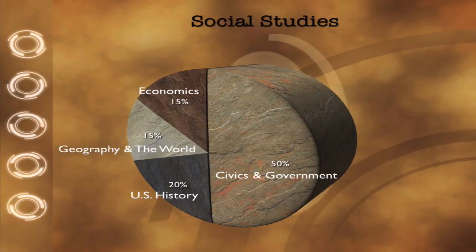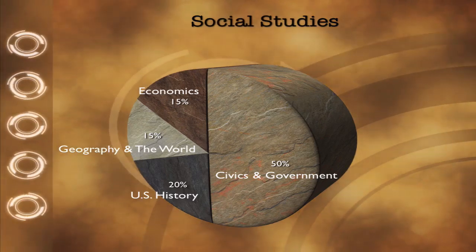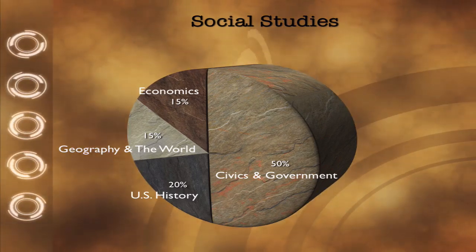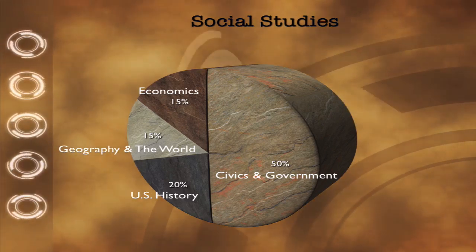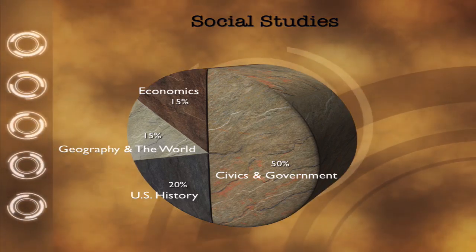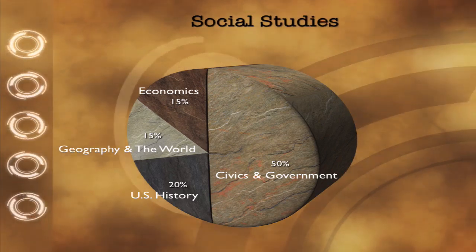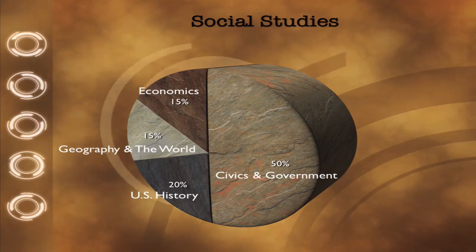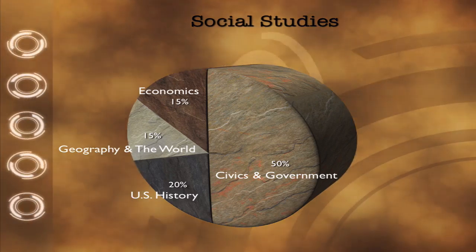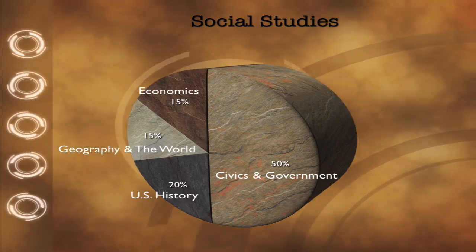Now, as you look at this circle graph, you'll notice that half of it, 50%, is on civics and government. So this is actually a cool thing. Civics is what it means to be a citizen, and government is about how our government works. So if you wanted to bone up on this section of the test, you could actually study for the citizenship test for this country.